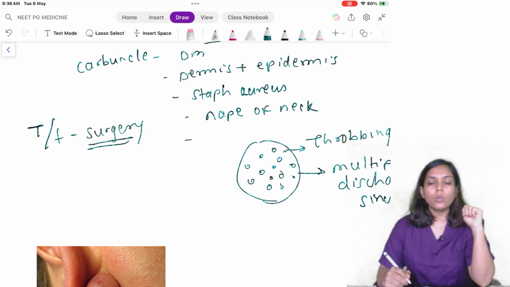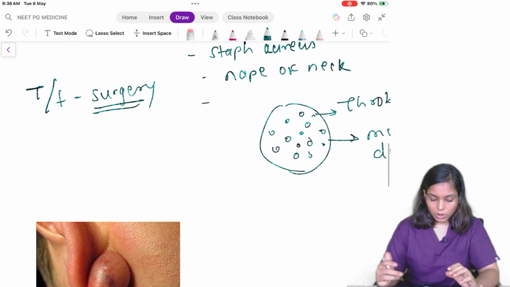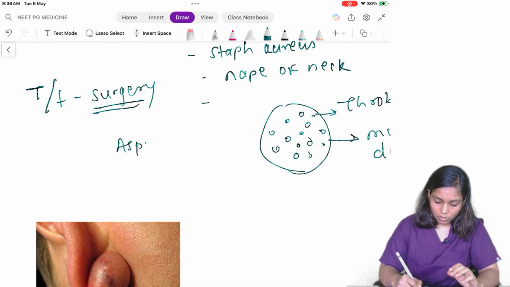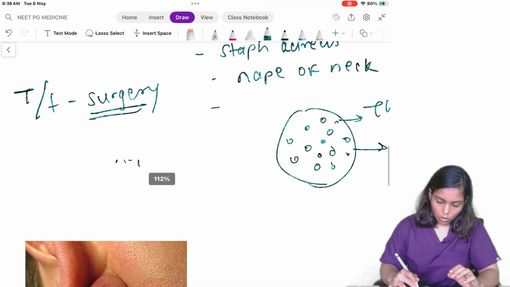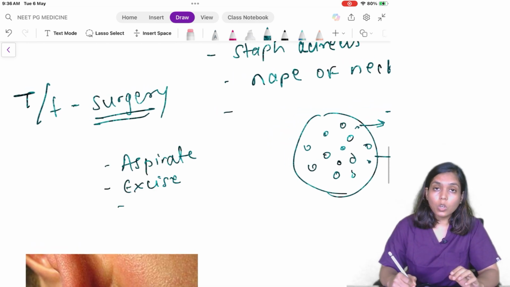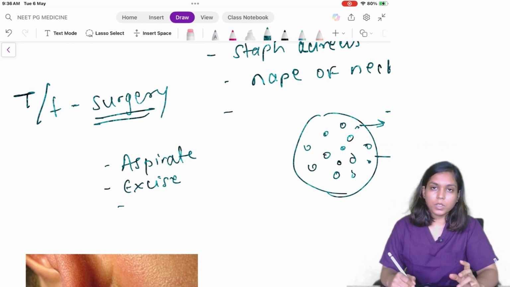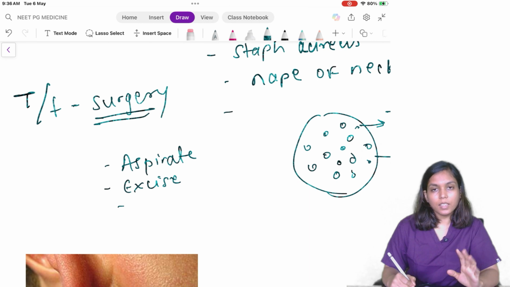Now how will you operate it? So I am giving you options. Will you aspirate it, or will you excise it, or what are the other options? So yes, these are the two options.